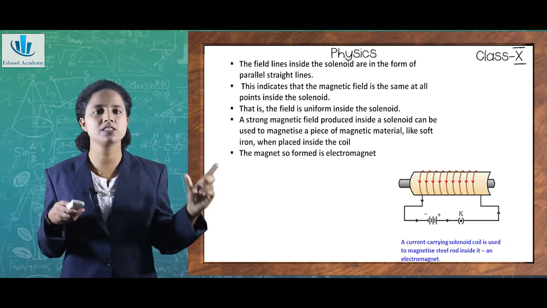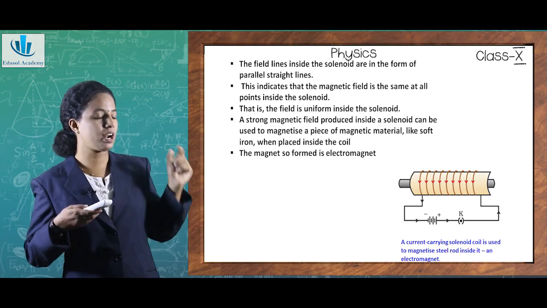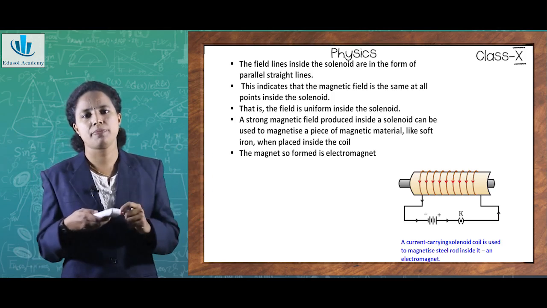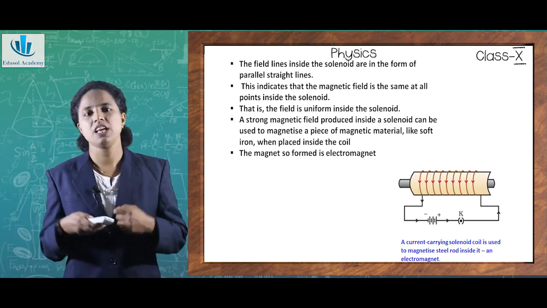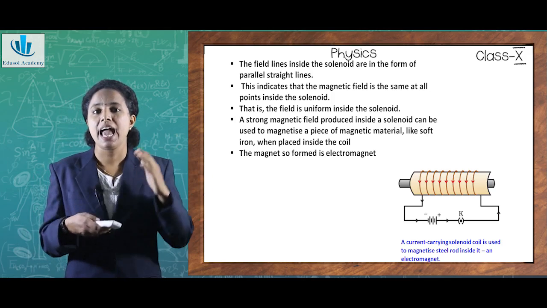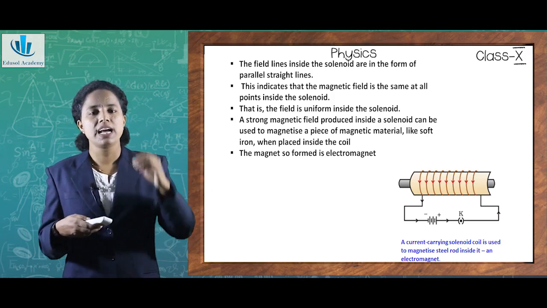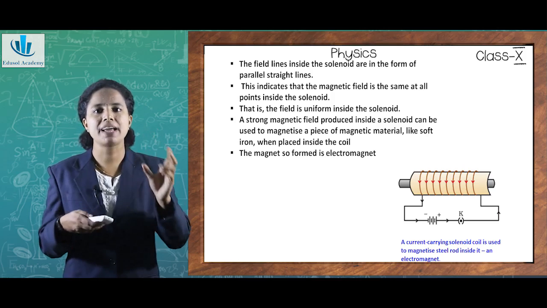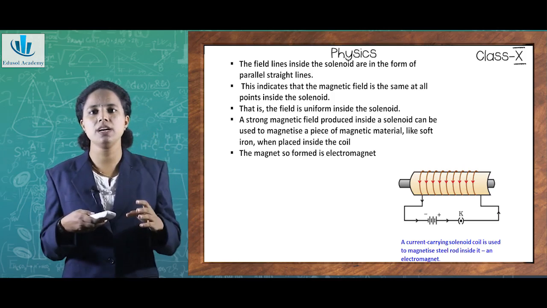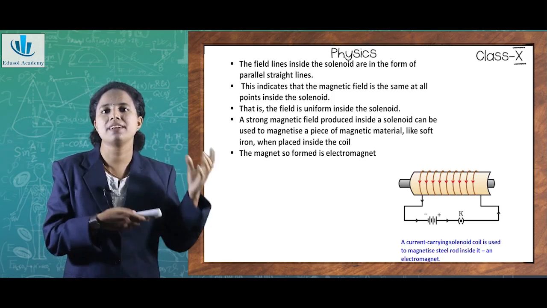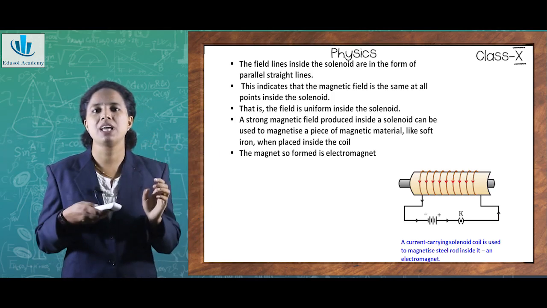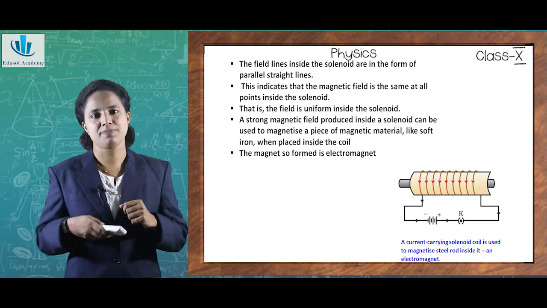That is, you need to take a solenoid and keep a steel rod inside it and observe what happens. You can see it behaves like an electromagnet, or the strong magnetic field produced inside the solenoid will be used to magnetize the steel rod which we have kept inside it, isn't it?